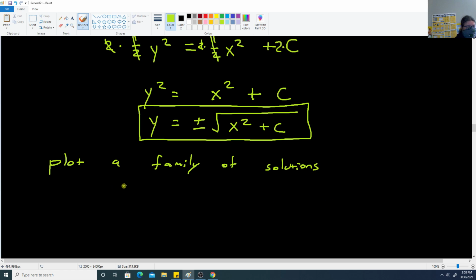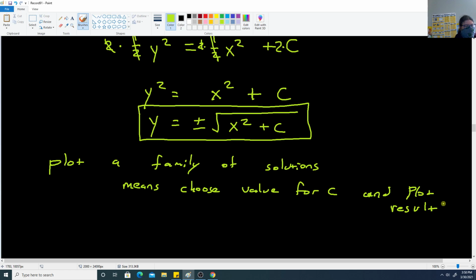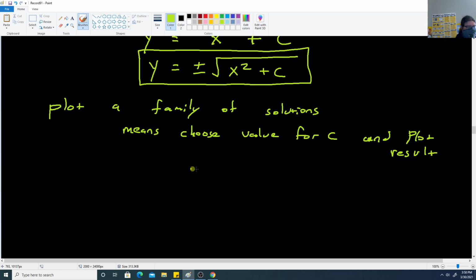Basically what this means is choose values for C and plot the result. So here's our graph.